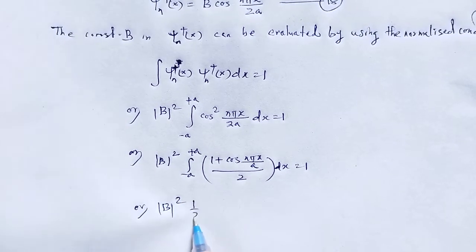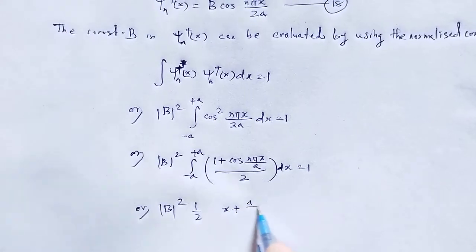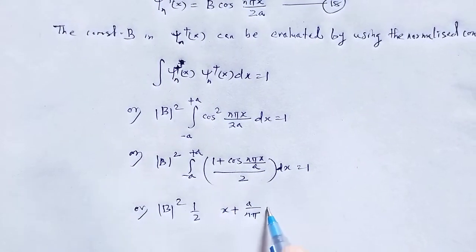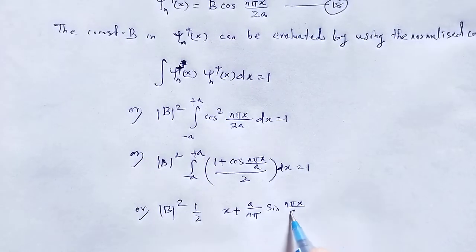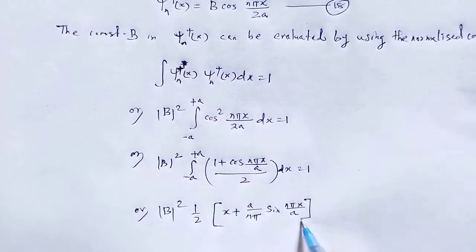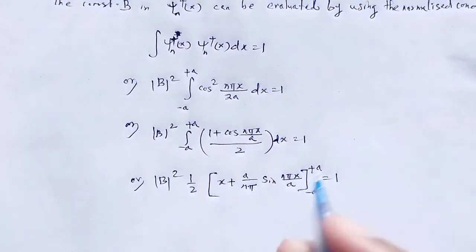That is magnitude of b square, 1 by 2 outside, then x plus a by n pi sin n pi x by a from minus a to plus a is equal to 1.